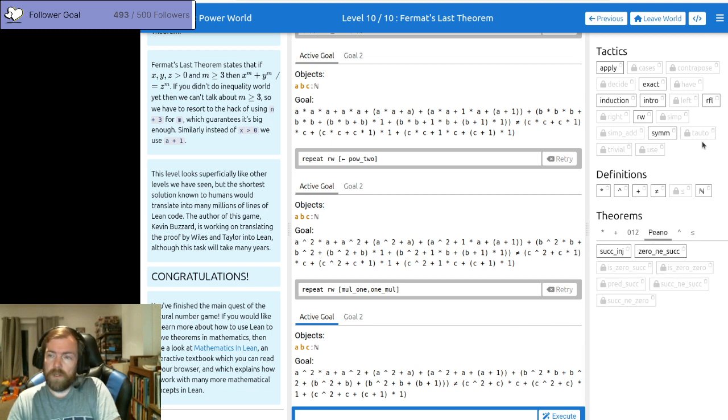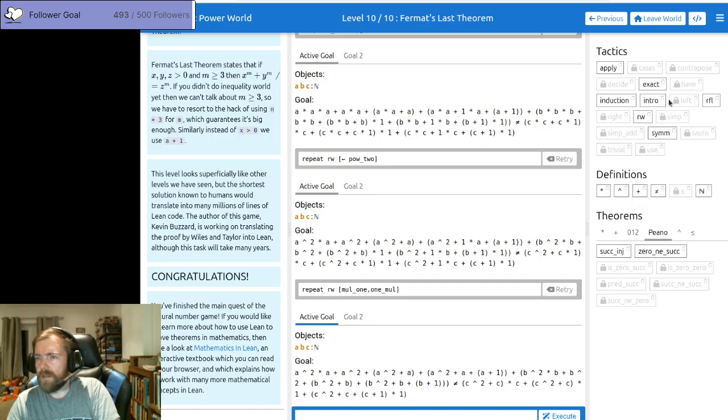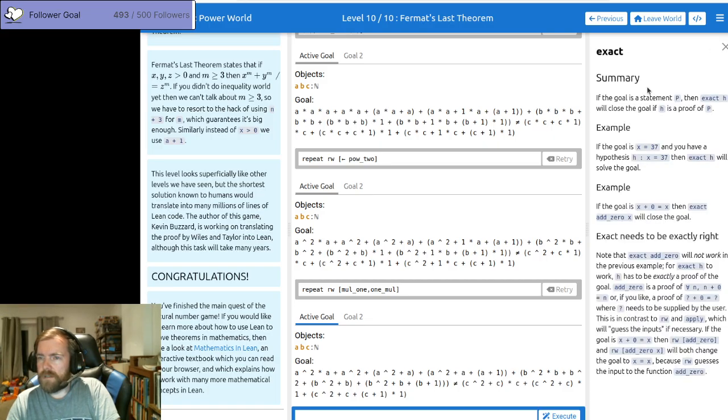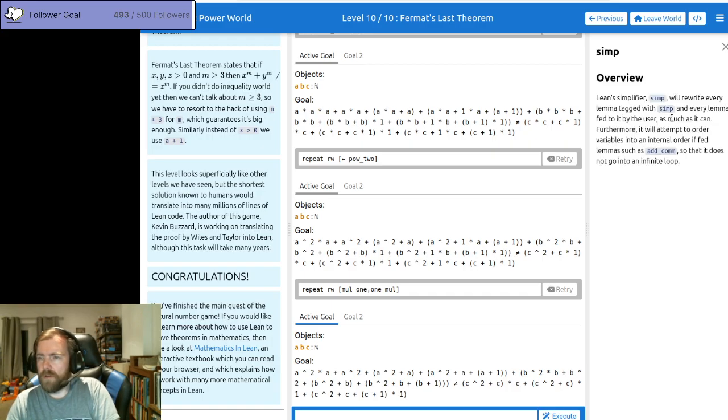What I really need is a simplify command. Symmetric. Yeah, okay, that's not it. Exact. No. Deduction apply, intro. Oh yeah, there you go.